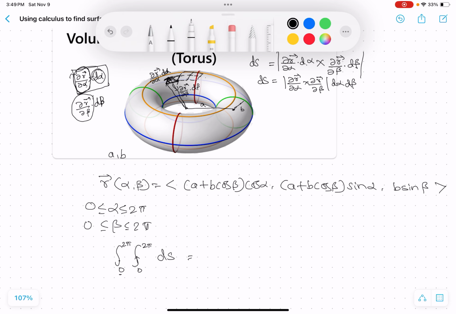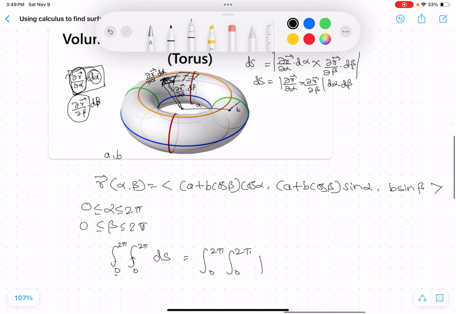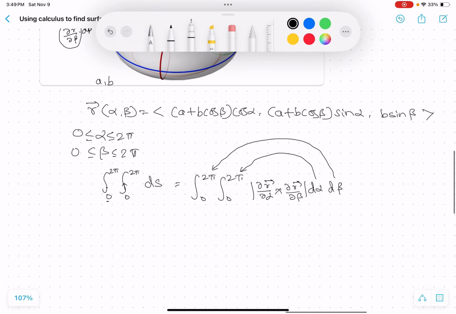In this domain, the surface area is the partial r by partial alpha cross partial r by partial beta times d alpha d beta. These are the limits of alpha and the limits of beta, and since they are the same, the order won't really matter. Now we just need to calculate this integral and we'll get the answer.